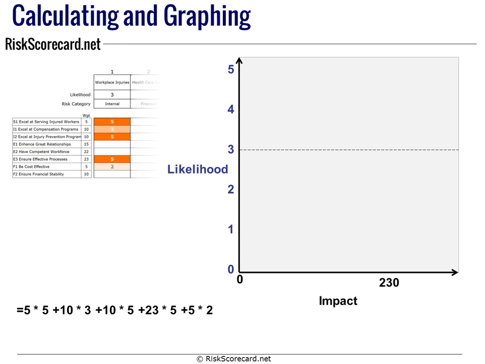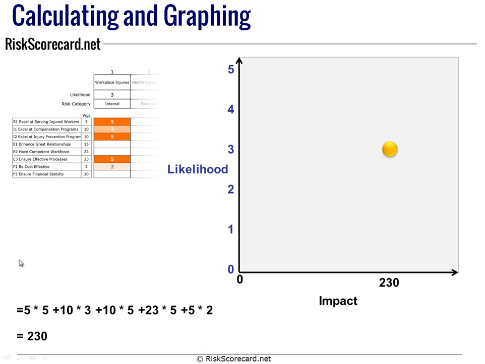So mathematically that works out to a score of 230. So those are 230 risk element strategy points involved with this particular risk element, and we can plot that again as a vertical line on the impact analysis. And so net, we're going to be scoring that at a likelihood of 3 and an impact of 230.